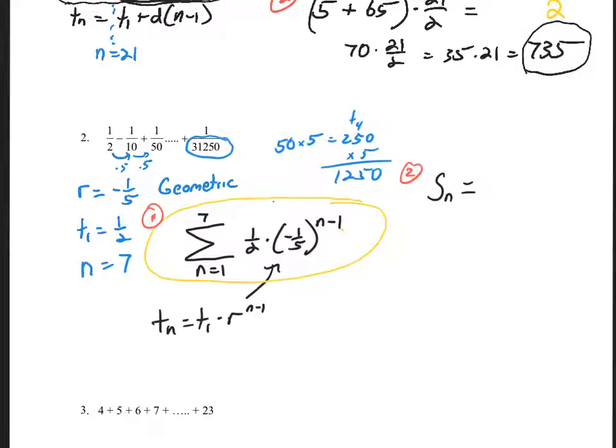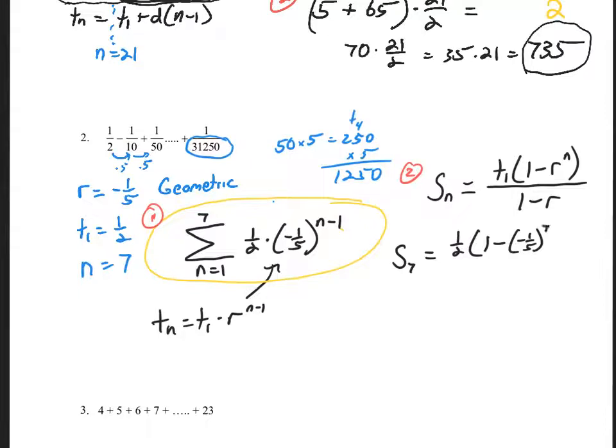And Mr. Scott showed you yesterday that that formula is T1 times 1 minus R to the n over 1 minus R. And so putting in those values, the sum of the first 7 terms would be 1/2 times 1 minus negative 1/5 to the 7th power, all over 1 minus negative 1/5.